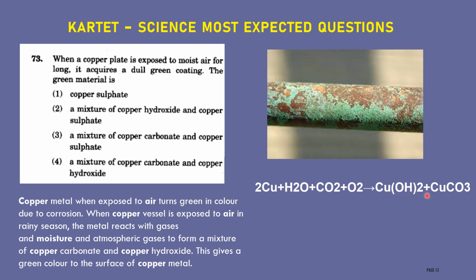Because of the formation of copper hydroxide and copper carbonate, you can see green patches, or a green coating, on the copper surface. Therefore, the correct answer is a mixture of copper carbonate and copper hydroxide, which forms when copper is exposed to air, because it reacts with atmospheric carbon dioxide, oxygen and moist air.